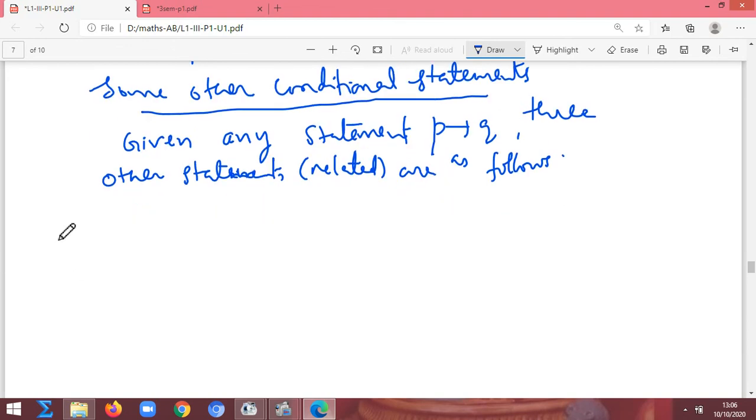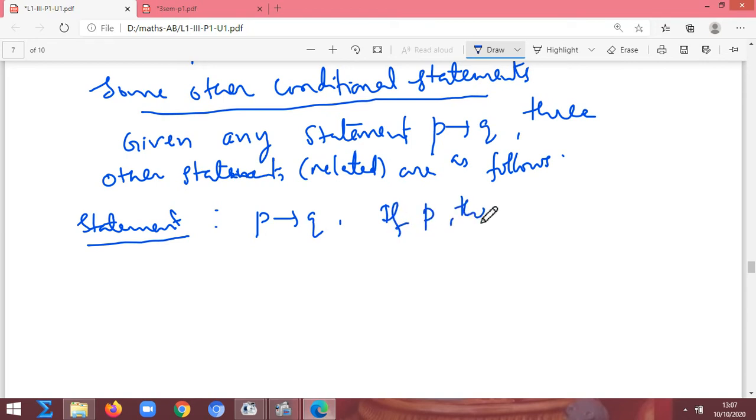So, let us take the first one, a statement. What is the statement we have? P implies Q. This is the given statement. That is, if P, then Q. Then its converse.